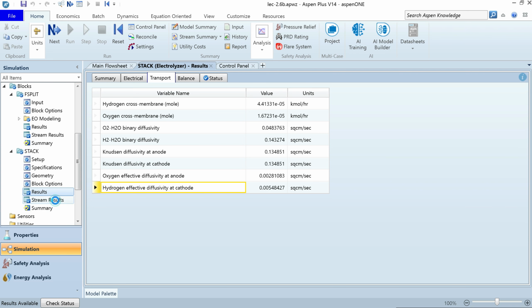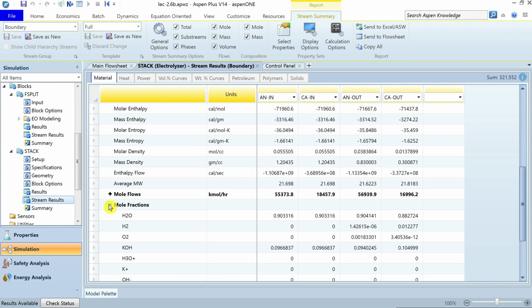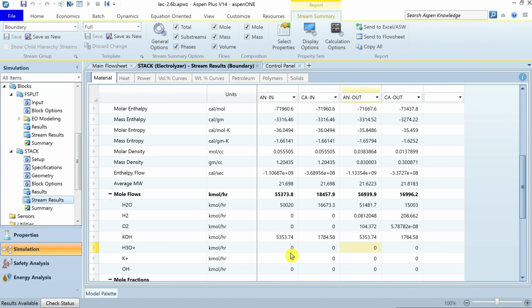Let's have a look at the stream results. You can notice temperature, pressure and vapor fraction on all the streams. Similarly, the composition in the product stream is also calculated. So notice that in case of stack simulation, the products leaving from the electrolyzer block are not only gases produced as a result of water electrolysis, rather unconverted water as well as potassium hydroxide are also leaving along with the product streams.